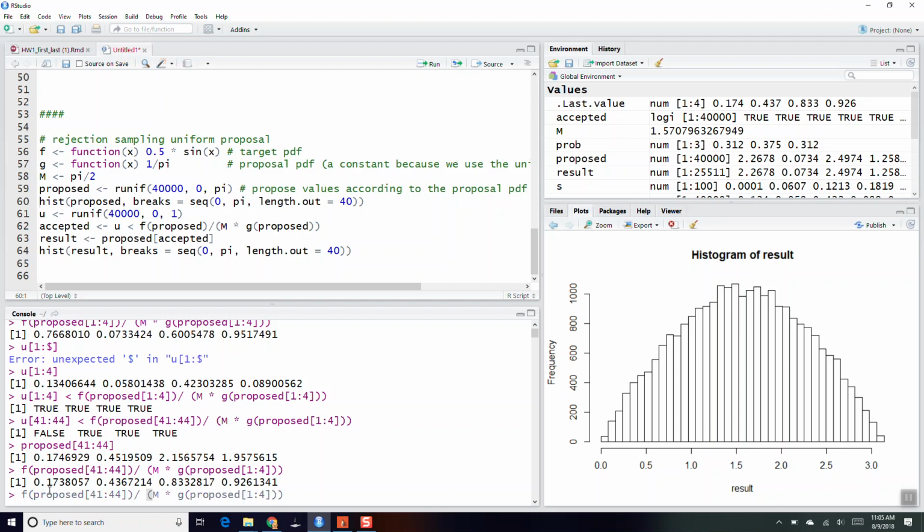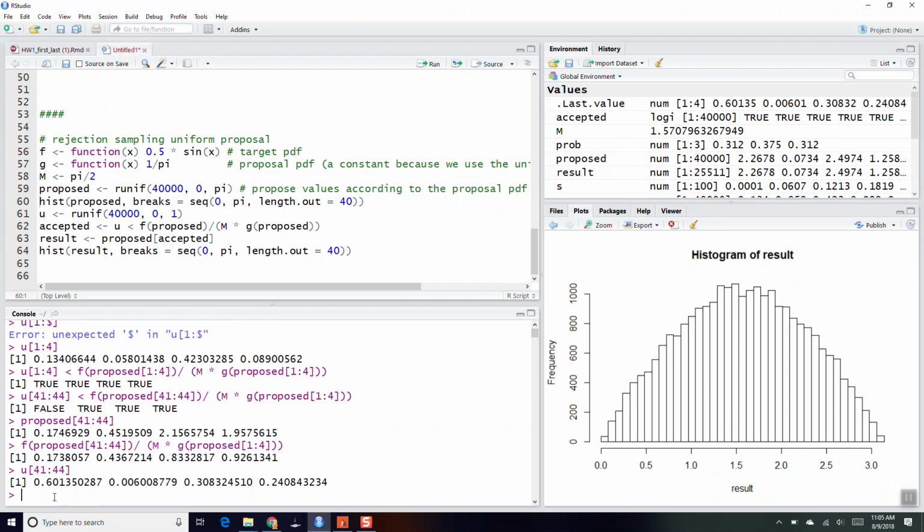And then we say, should we accept it, yes or no? And according to these values that we generated by U, we did not accept them. Are there questions on this?